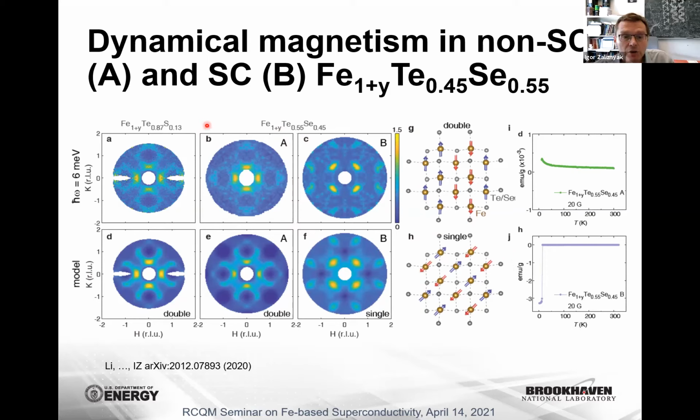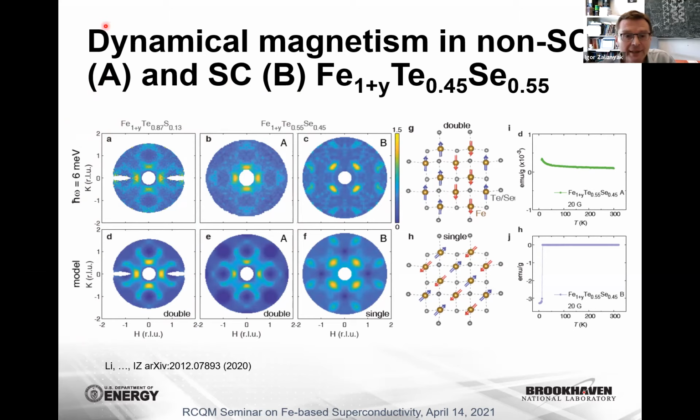And the non-superconducting sample A showed a pattern very similar to the one that we measured previously in weakly sulfur-substituted material. So what that shows is that apparently there are just two different phases electronically, the one from which superconductivity can appear and the one from which superconductivity cannot appear.